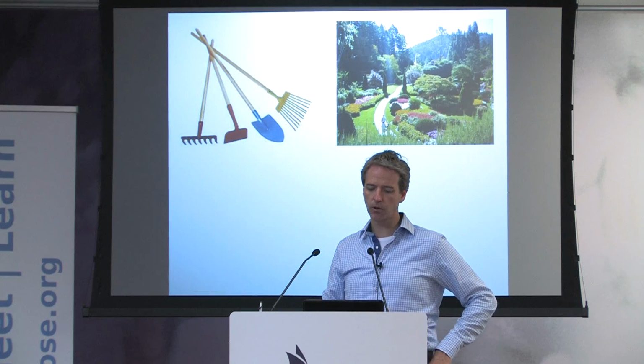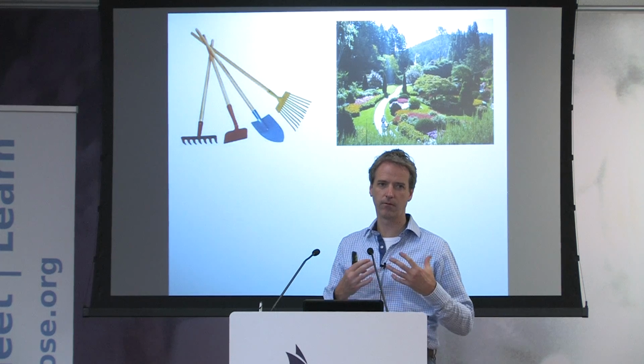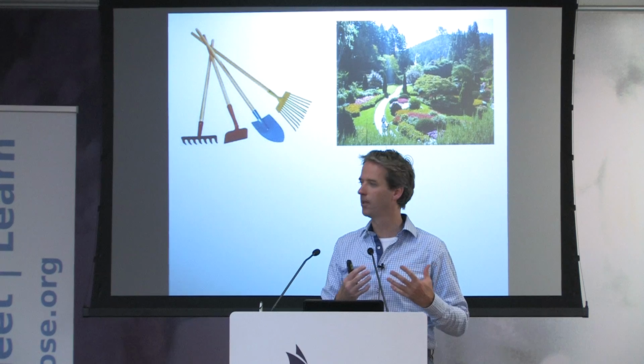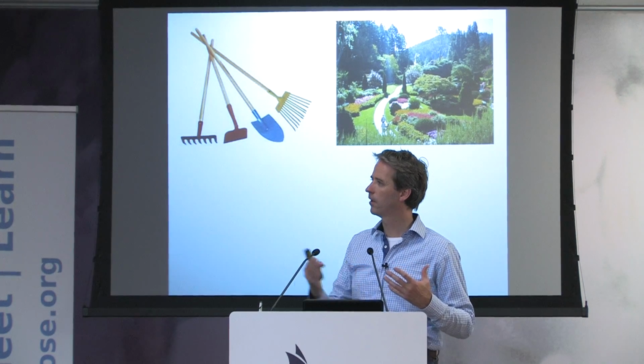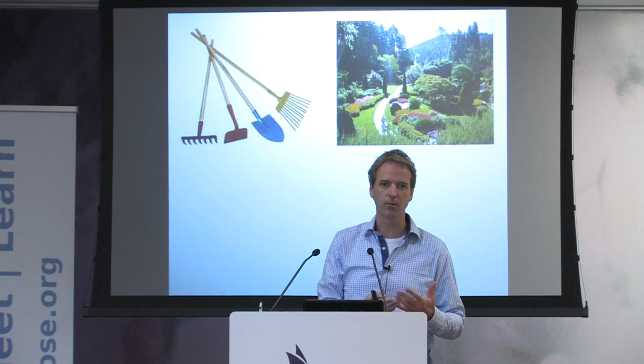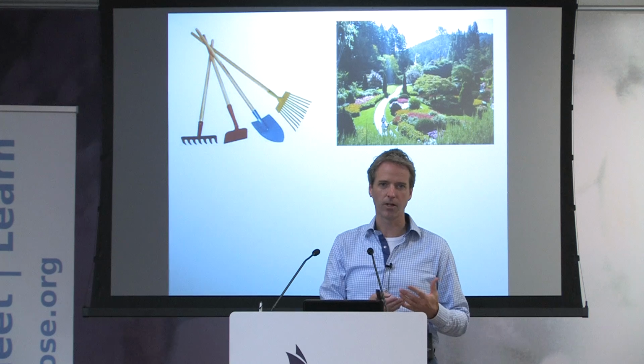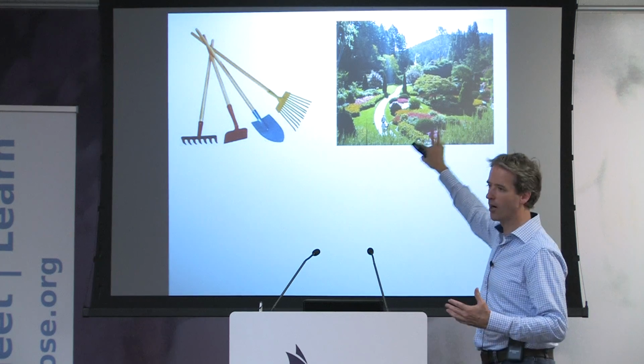I'm not really going to talk about tools, because we like to choose between tools to maintain our garden, but we still don't know which garden we want. You can choose between a rake and a shovel. That's good for this kind of garden.